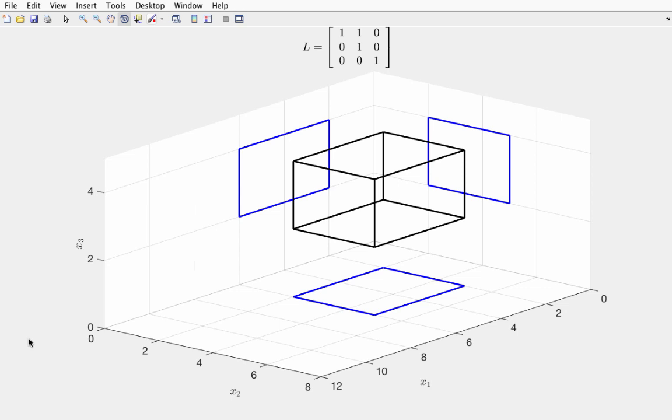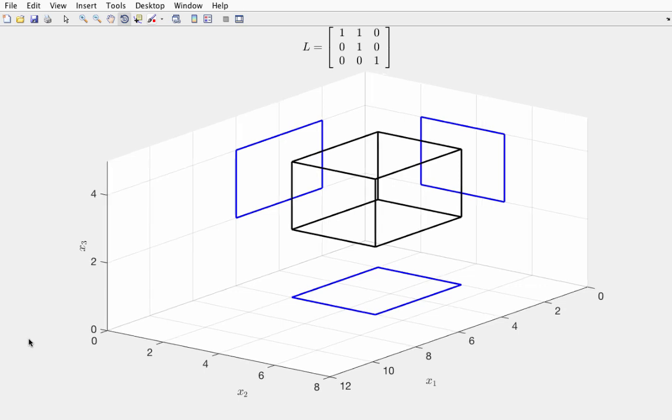So here we have a three-dimensional rectangle outlined in black. And we also see the shadows of this rectangle on the xy plane, the yz plane, and the xz plane. And then I'm going to multiply each entry of this rectangle by the L seen above, which is the identity matrix with the addition of a 1 in the 1, 2 entry.